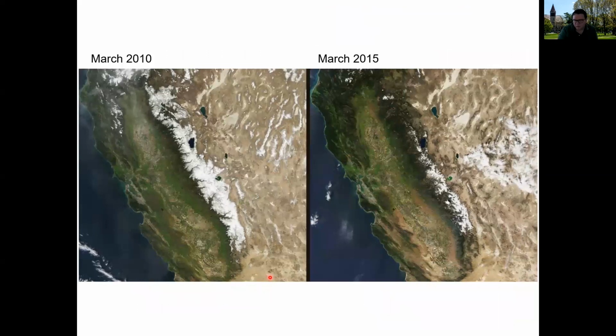For perspective here, this is by no means a great example of a large amount of snow in the Sierra Nevadas. Snowpack had already been falling in this region by this time, but this is the snowpack in 2010.